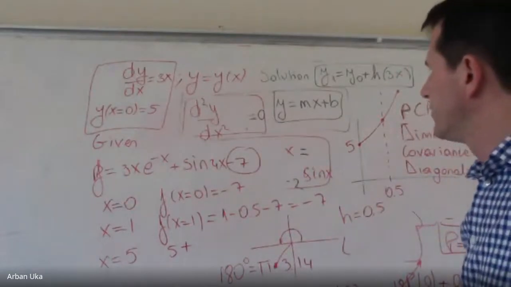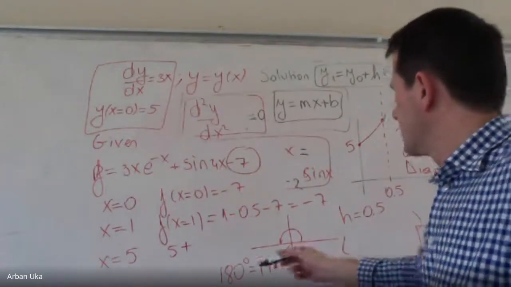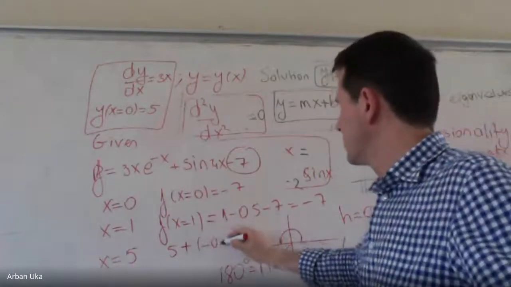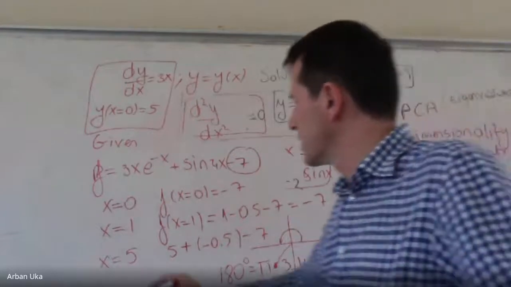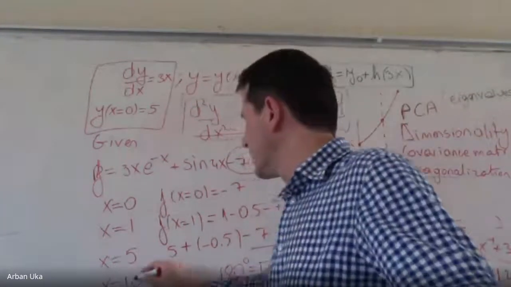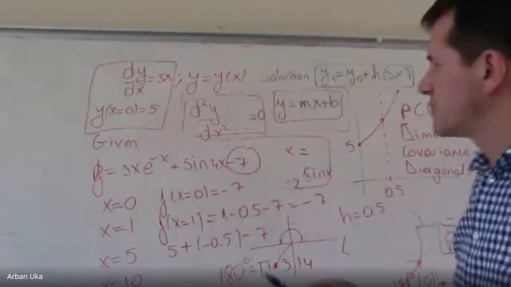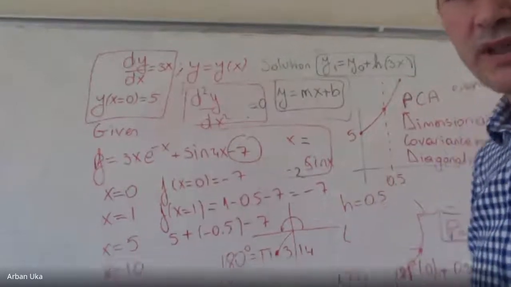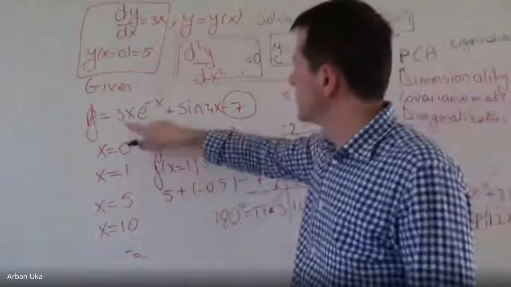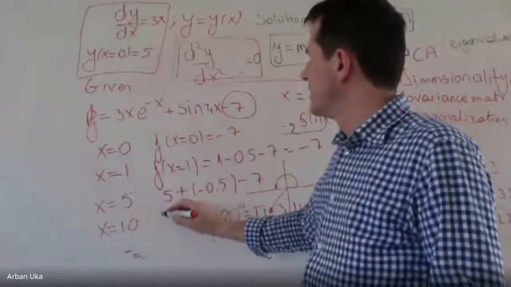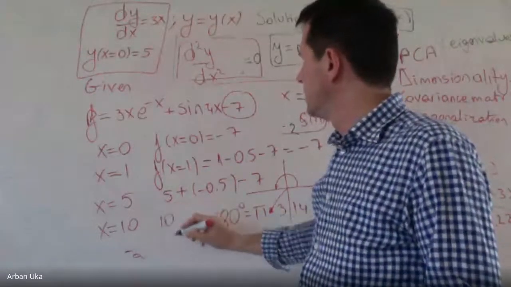Sine 5 is still a negative number, minus 0.5, minus 7 is still negative. I just picked a function like this, so you can do a couple of tests to see where the sign of the function is changing. So when x is equal to 10, this is 30 divided by 3, this is 10.